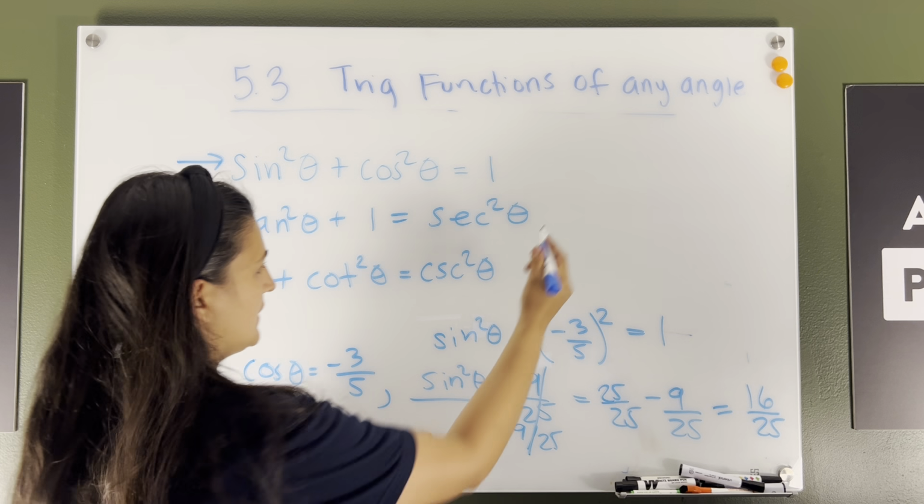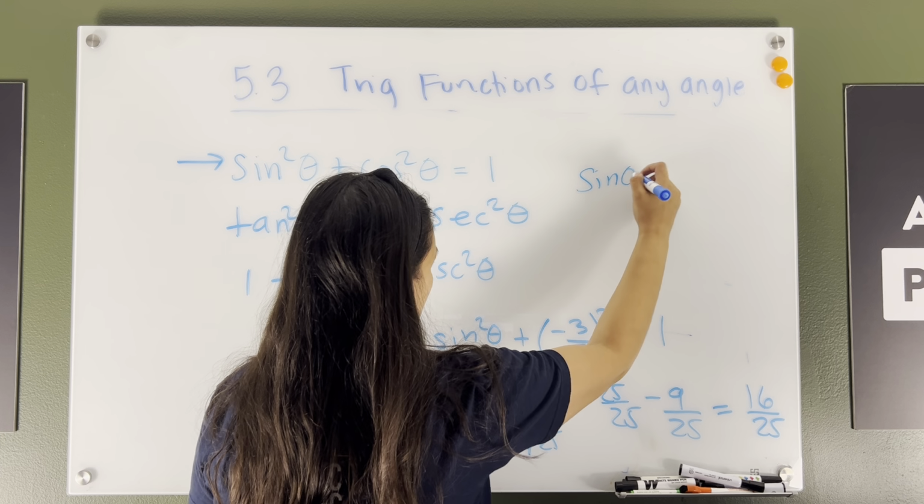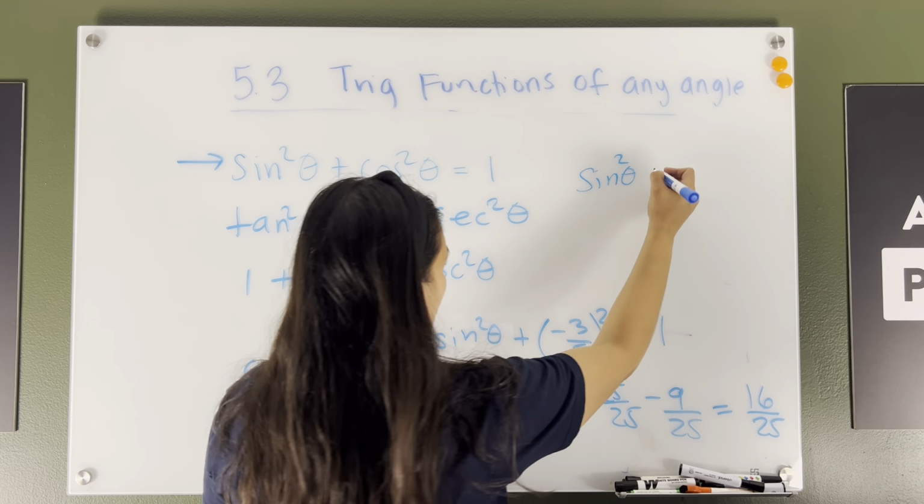Okay, so then we get that sine theta squared equals 16/25. And then of course, square root both sides, and you'll be given sine of theta, which is 4/5.